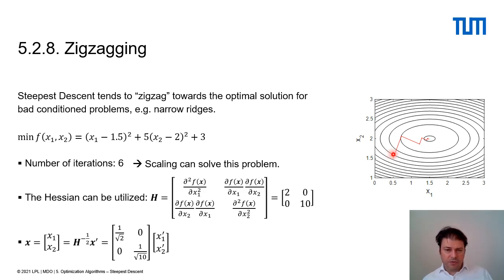And by rescaling, you can change your coordinates, or your design variables, from x to x prime, such that with respect to the x prime space, you do not have curvatures that are so different, but you have curvatures that are the same.